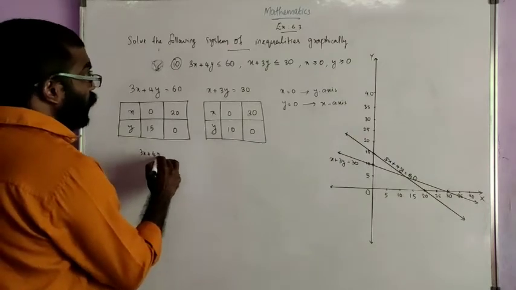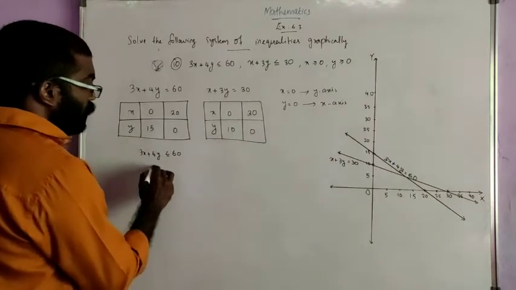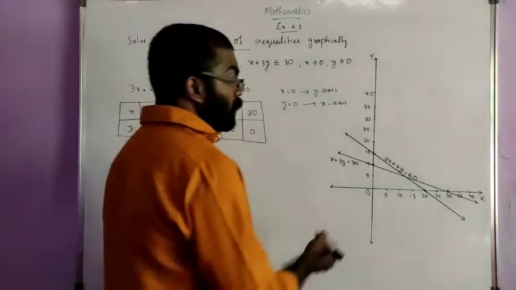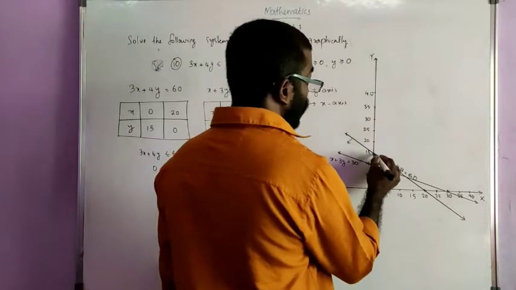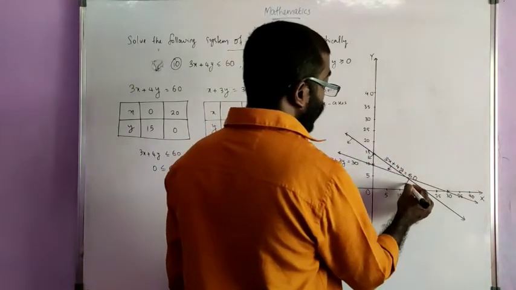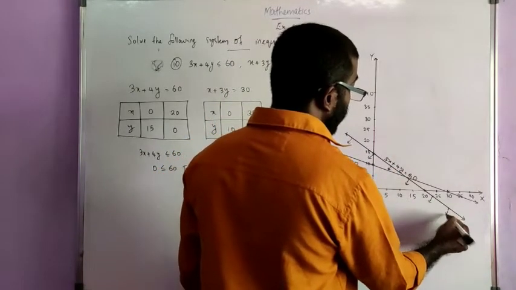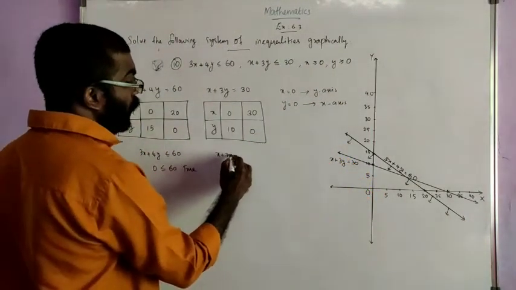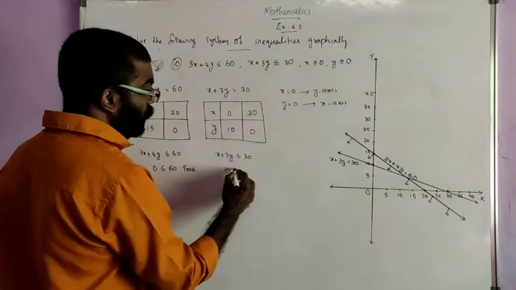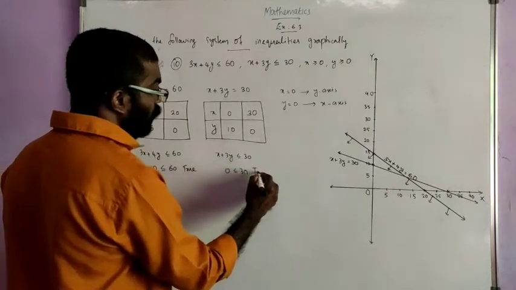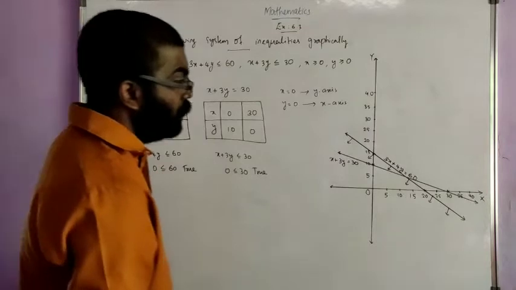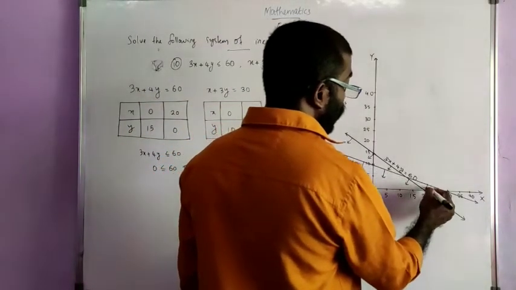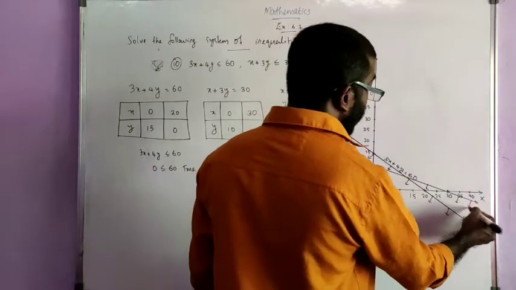3x plus 4y less than or equal to 60. 0 less than or equal to 60. True statement. So the lower half plane or the lower part of this line we can mark. Then for the next one, x plus 3y less than or equal to 30. 0 less than or equal to 30. It's true. So here also the lower part of this line, lower half plane.